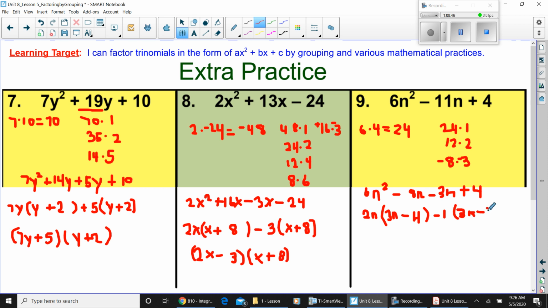And then minus negative 1 times negative 4 equals positive 4. So we have 2n minus 1 with parentheses, and we have 3n minus 4. I'm going a little bit crazy here, as your answer.